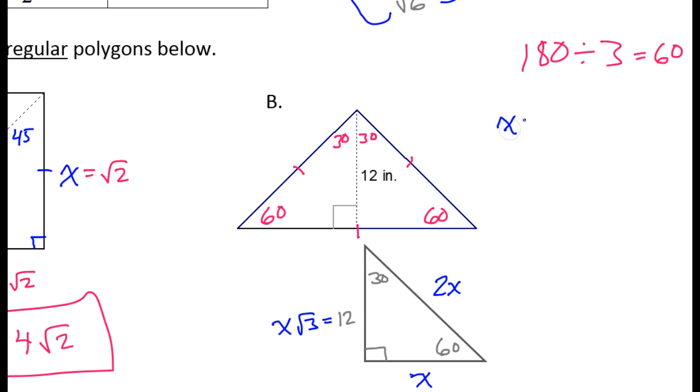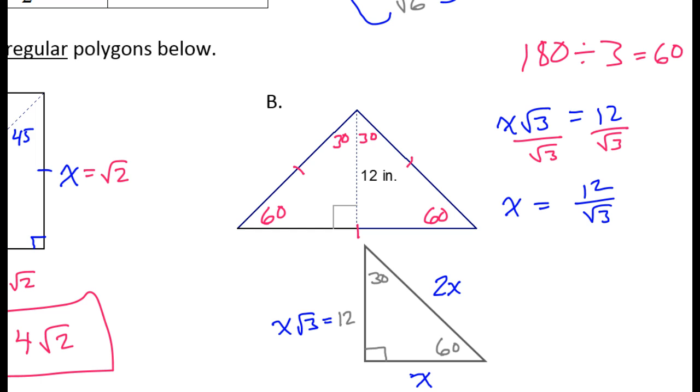So I'm just going to recopy it over here where I have lots of space. So x radical 3 equals 12. So I'm going to solve this by dividing both sides by radical 3. That gives me x is equal to 12 over radical 3.